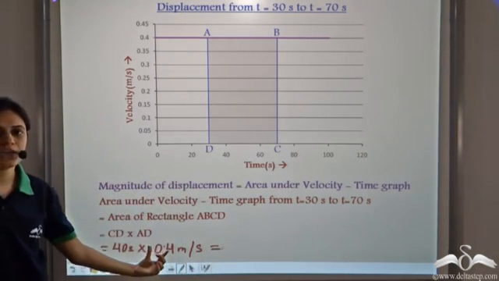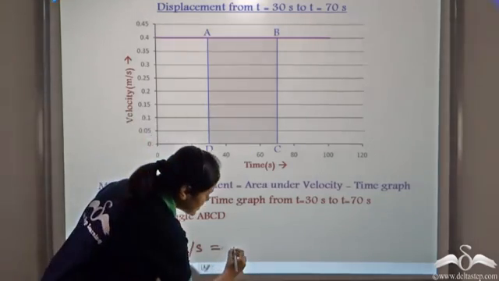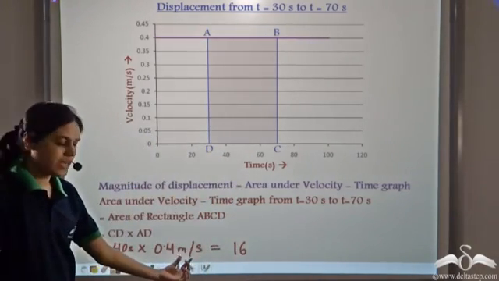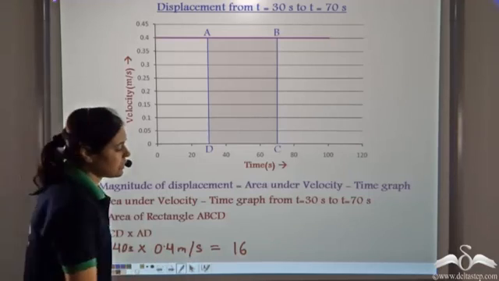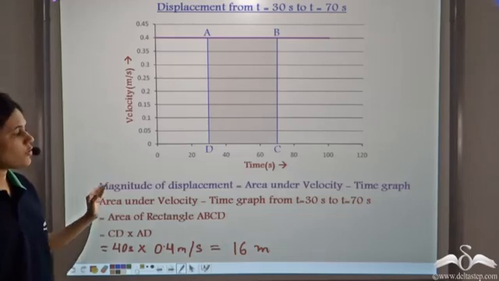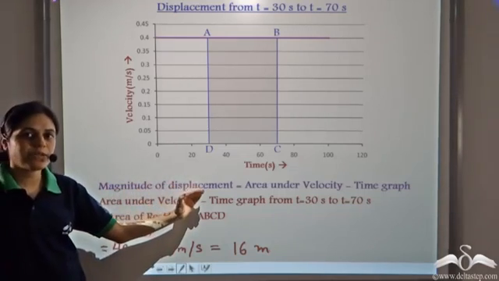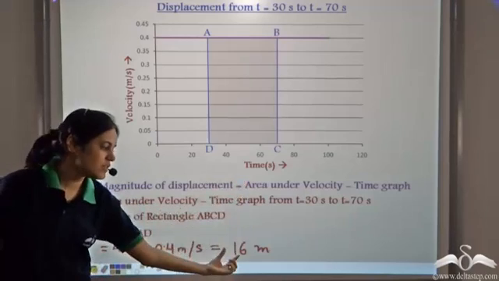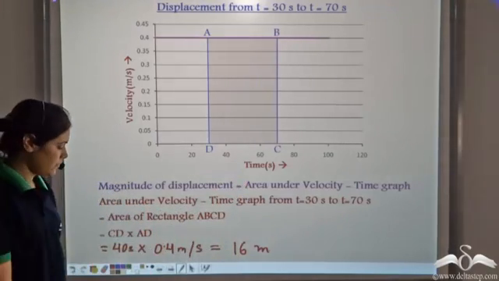So 40 into 0.4 gives us 16 seconds into meters per second gives us meters. So displacement of the tortoise while the rabbit was asleep from 30 seconds to 70 seconds was 16 meters.